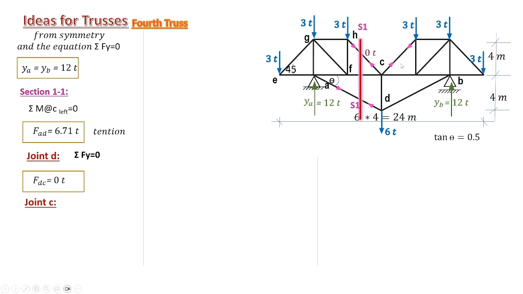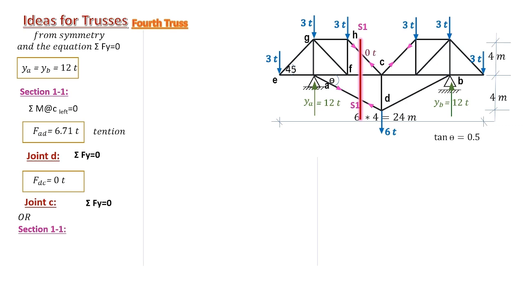But if you consider equilibrium in the y direction, we can inspect from symmetry that HC equals the second inclined member here, and we already computed DC, so we will be left with one unknown HC, and by computations it will be 0.